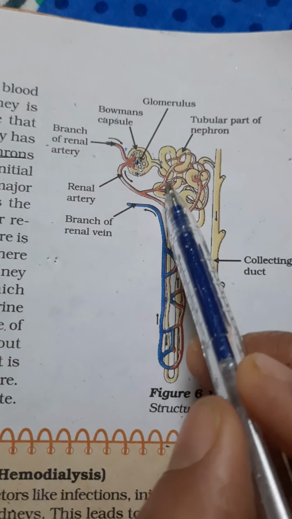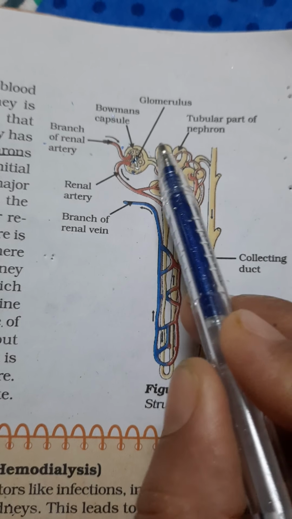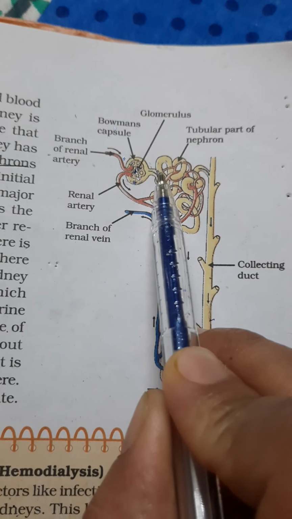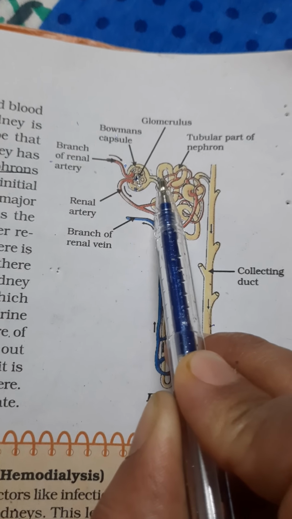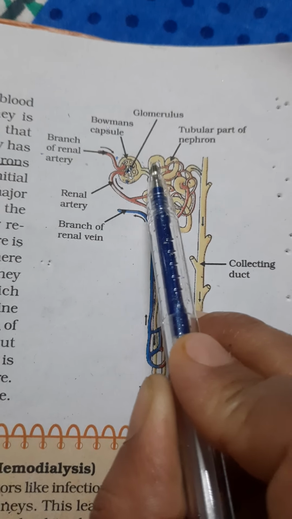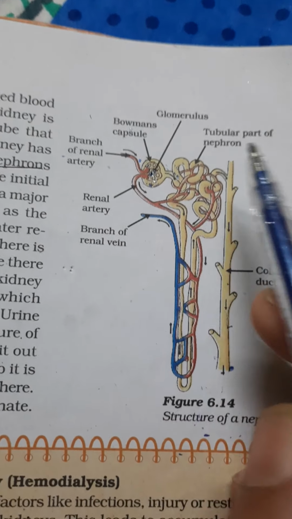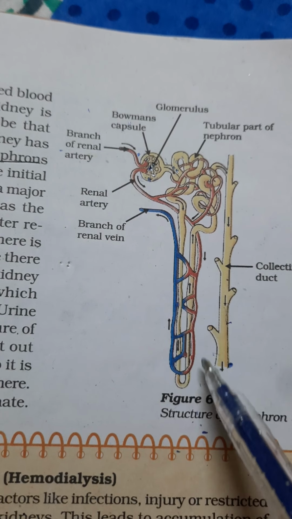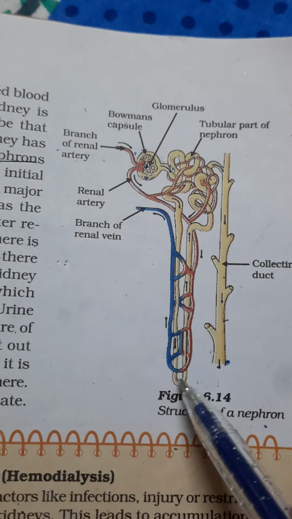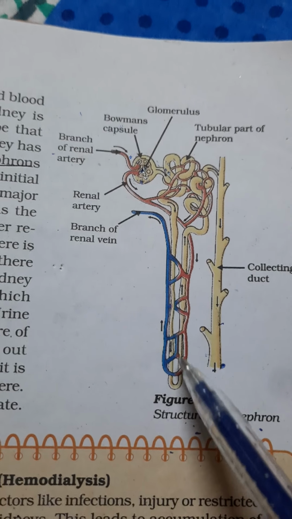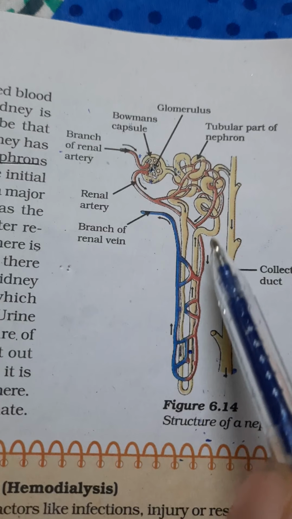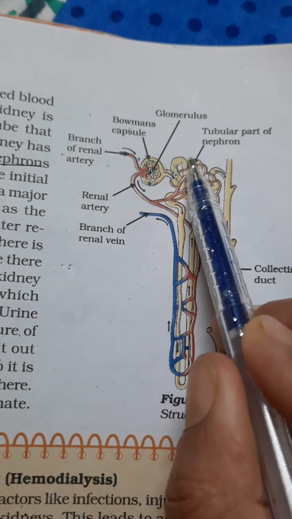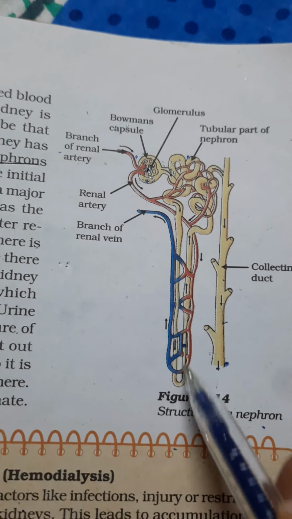Number 3 is the tubular part of the nephron, called the proximal convoluted tubule, PCT. And this part, which has a U-shaped, hairpin like turn, is called the loop of Henle.